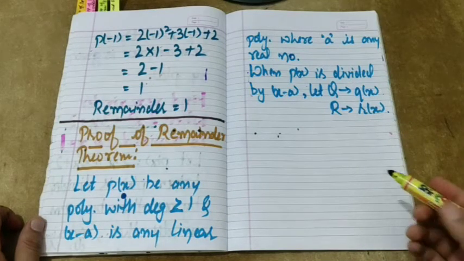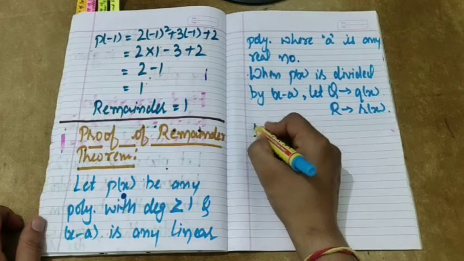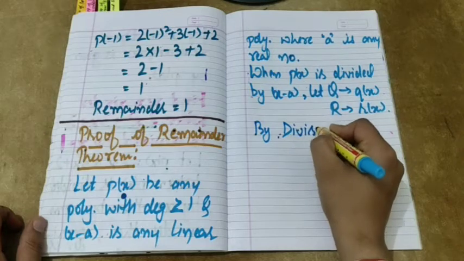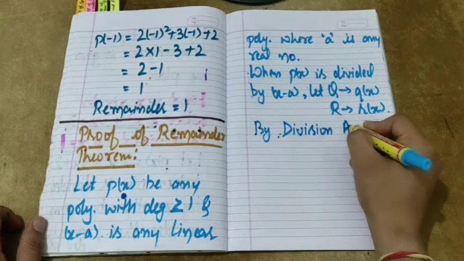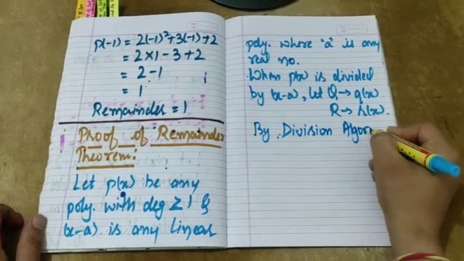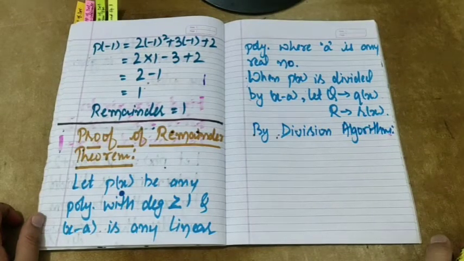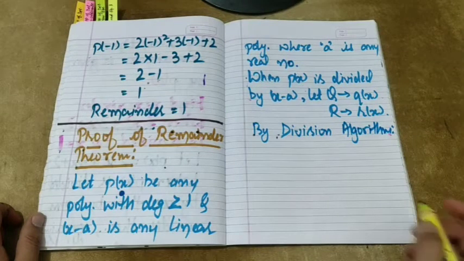And we know that by the division algorithm, dividend equals divisor into quotient plus remainder.